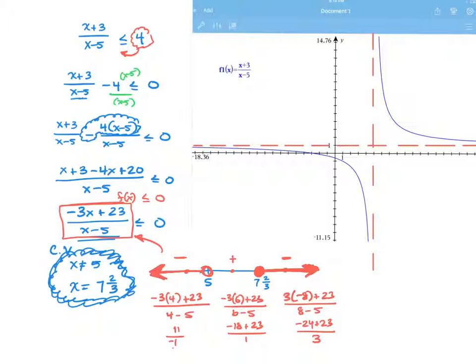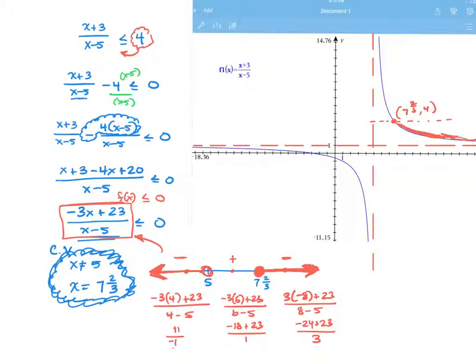Just to show you this very quickly, if I went up to 4, the outcome of 4, that number right there is the coordinate pair 7 2/3, comma 4. That's an important piece, because what I'm showing you is that anywhere below that line, it would be less than 4. So anywhere on here has a y value that is less than 4.